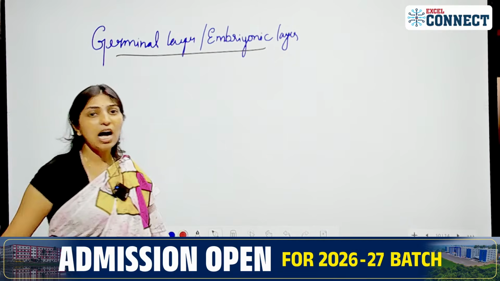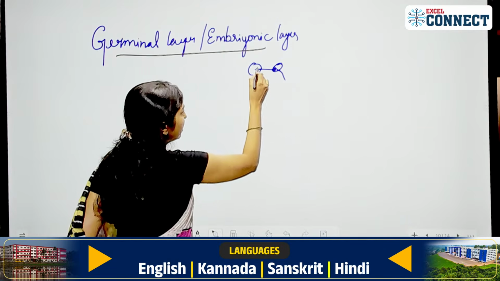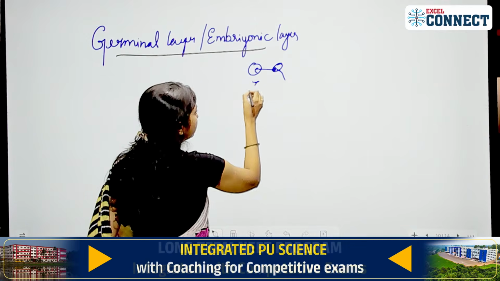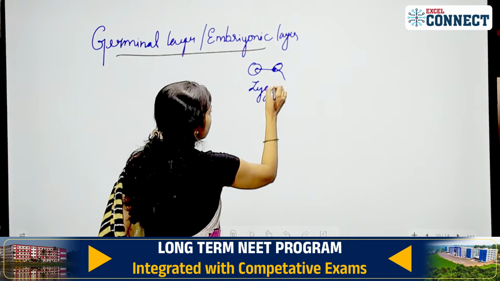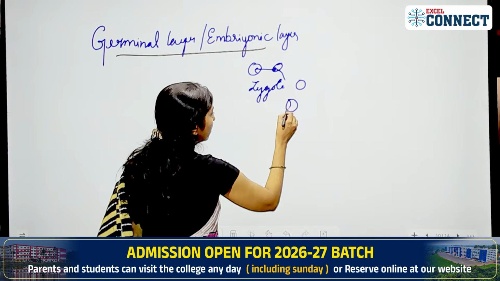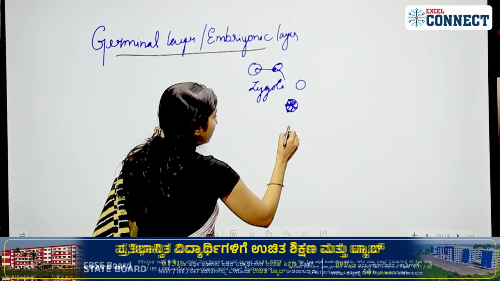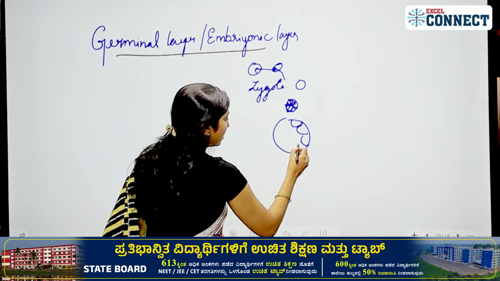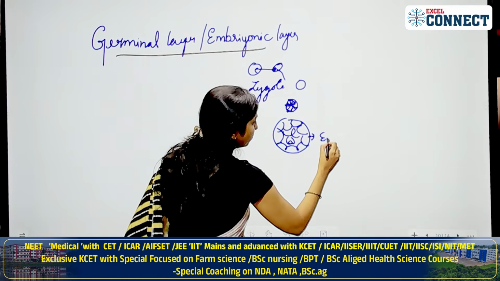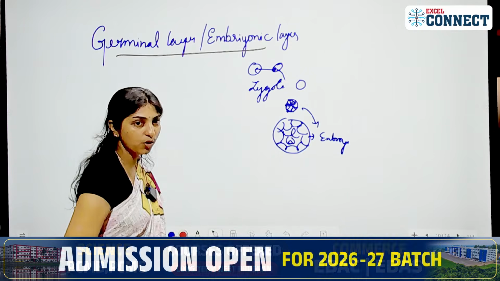You know, after the fertilization, when the egg and the sperm come in contact, if it is fertilized, what is formed? The zygote will be formed, and the zygote will start dividing into a number of cells, a group of cells, and this group of cells will later transform into an embryo.